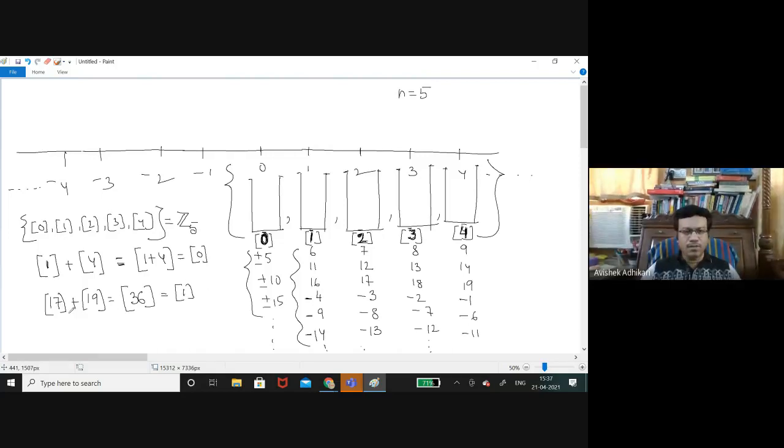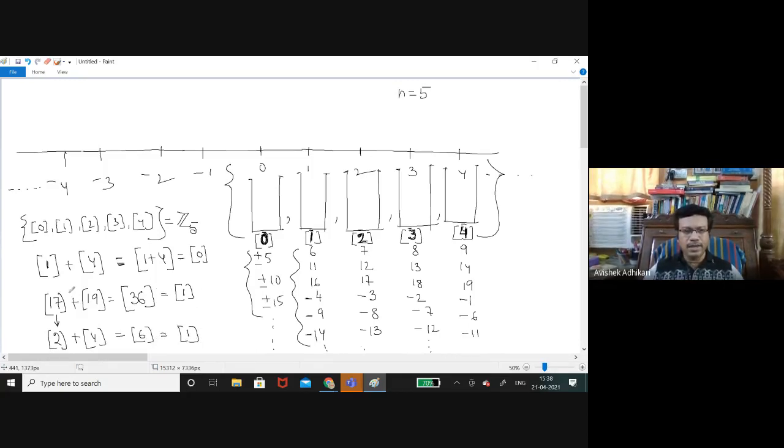So instead of taking 17, if I consider the leader of it, who was the leader for 17? The leader for 17 was 2, right? And the leader for 19 was 4. And if I add them up, what I will get? 6, and that means 1.